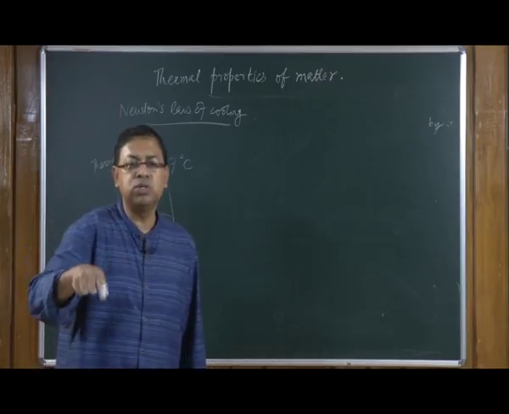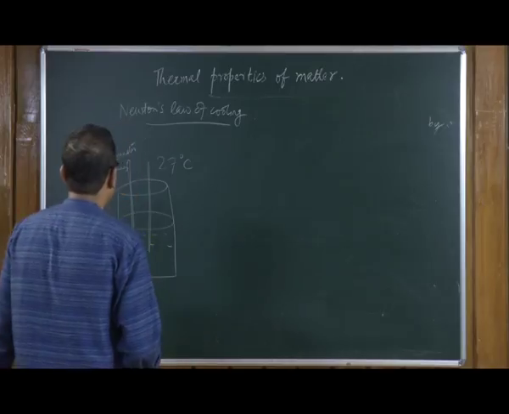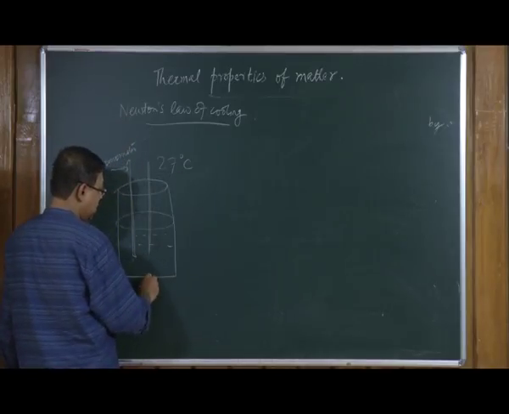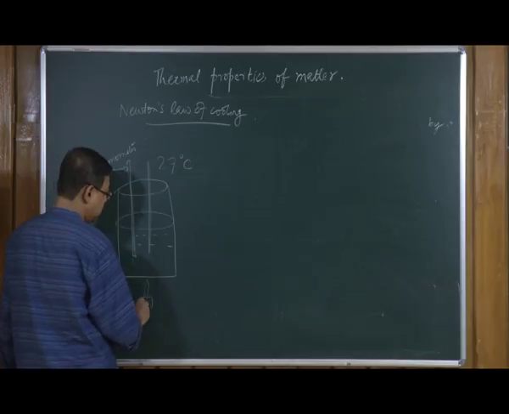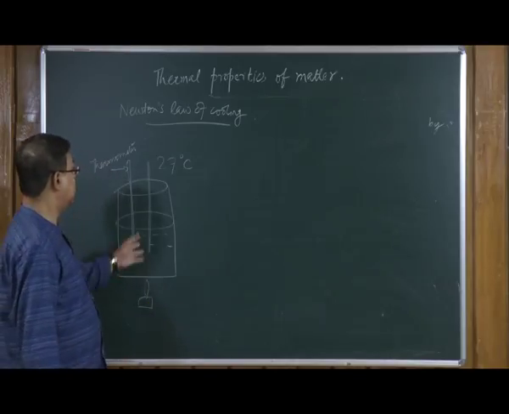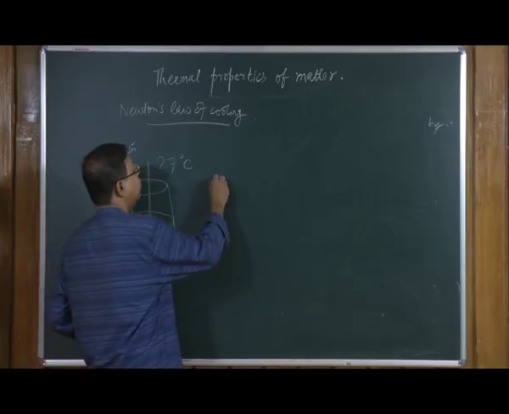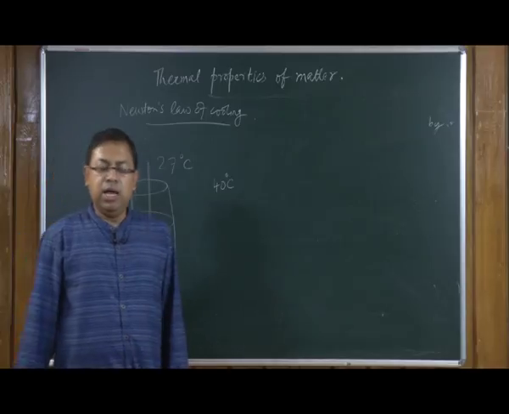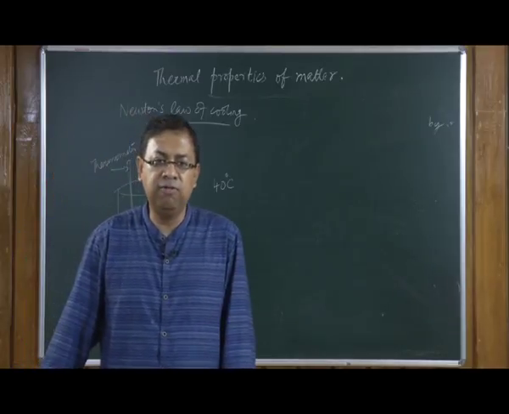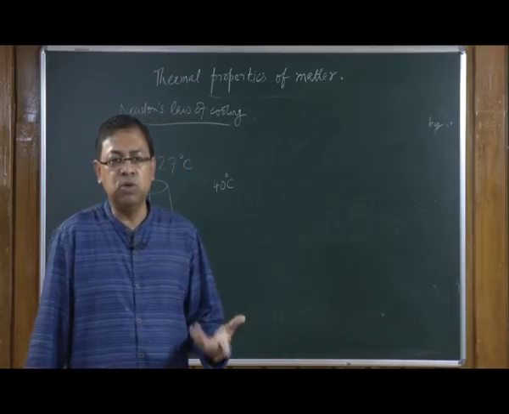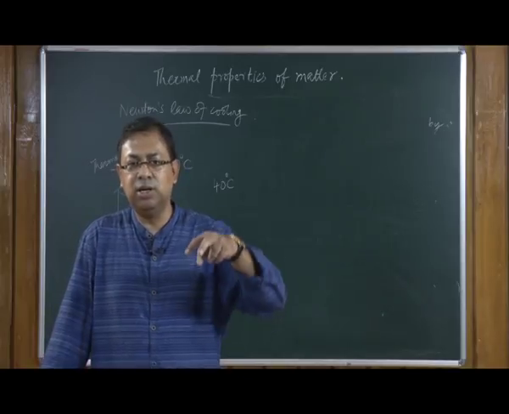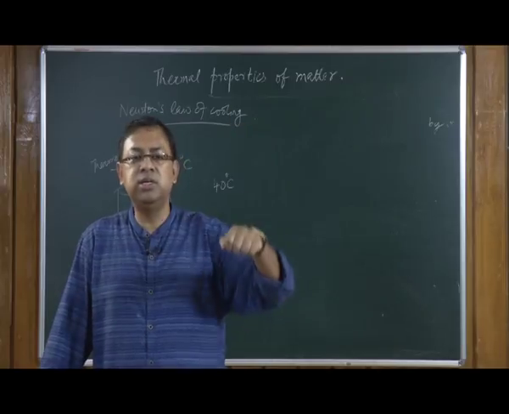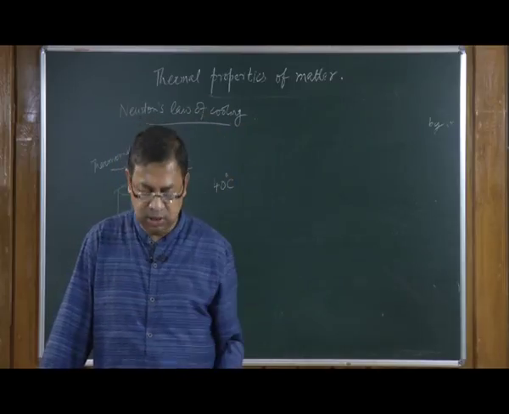So, you want to stir the liquid gently, and it is initially at 27 degrees centigrade. Now, it is put under flame, and say the temperature goes up to 40 degrees centigrade. You can consider this container to be a thermos with a two-hole lid. There are two holes on the lid. One is to insert the thermometer, the other is to insert the stirrer.